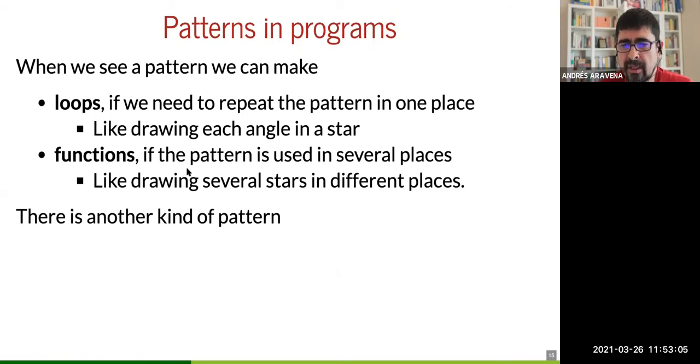And when we write functions, if you want to draw different stars, let's say you're drawing a landscape, you have to draw many stars. So drawing a star is a loop, and drawing many stars is another kind of function that you say the same drawing. That is the pattern that we have seen so far, okay?